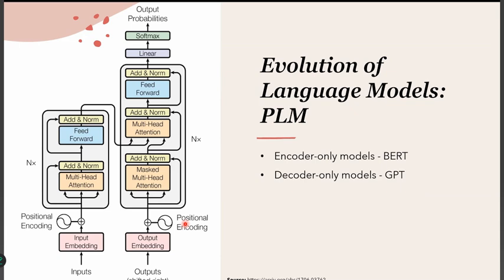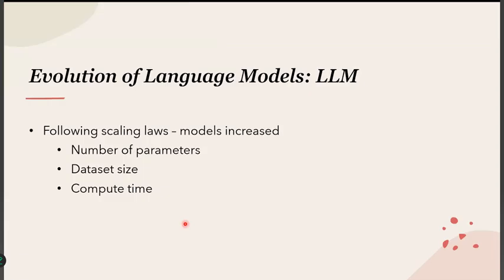Then we have the next variation, large language models, which is what we call LLMs right now. They are nothing but what we talked about earlier, pre-trained language models, but in a very, very huge size.